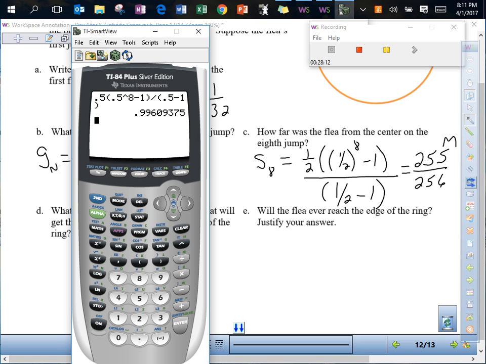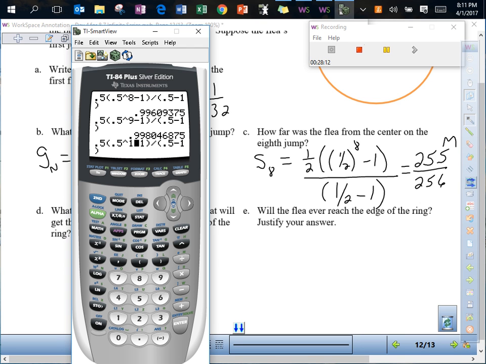So guys, I'm going to go second entry, and I'm going to come change this 8 to a 9, meaning my 9th jump. If I do that, now I'm at 0.998. So after the 9th jump, he's 0.998 of a meter. I'm not within 0.001 yet. Let me go second entry again, and let me change this 9 to a 10.